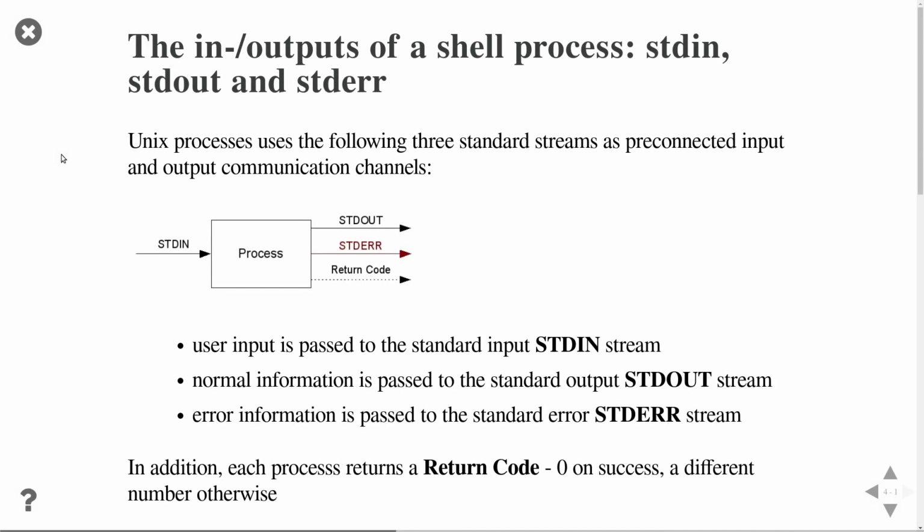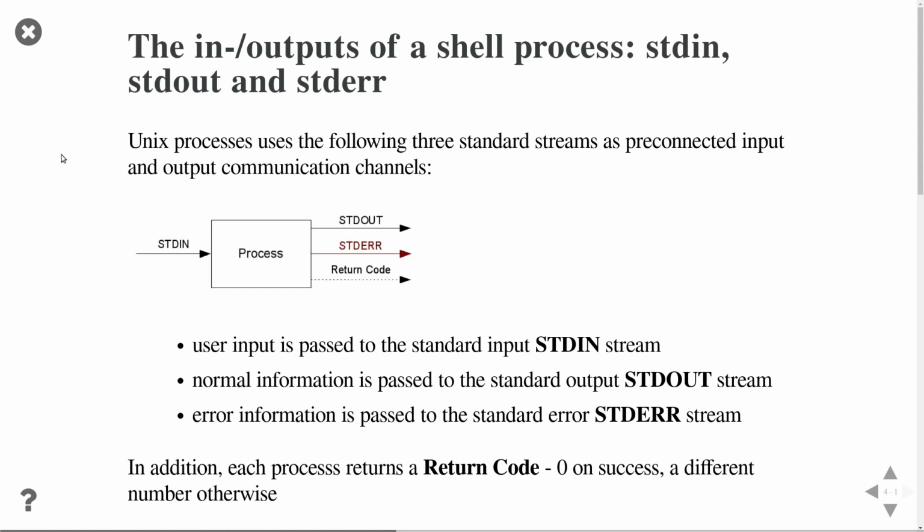So the thing that you need to know when we combine these programs is how a shell process works, or a Unix process. So essentially, the way you have to imagine it is any Unix program takes in some inputs using what's called the stdin stream. So you can send data into a Unix process.